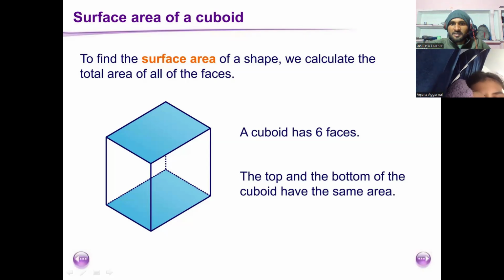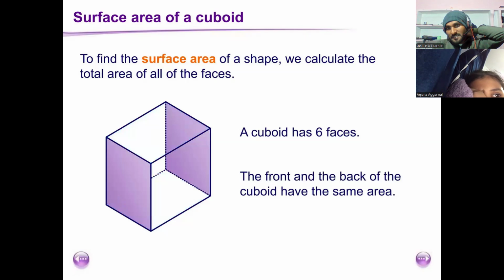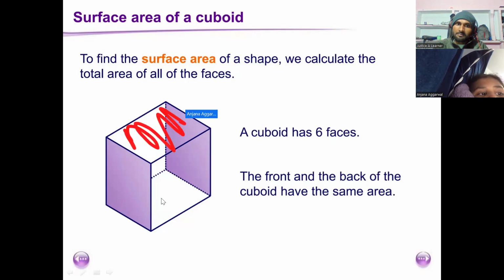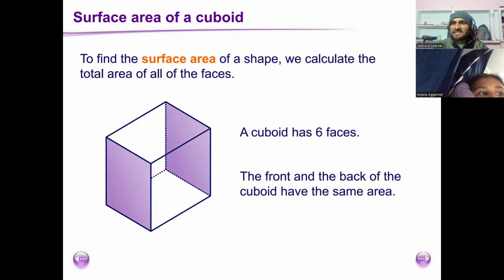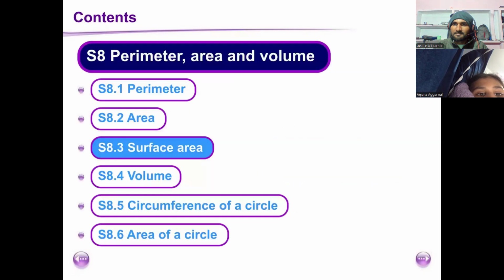So now we see a cuboid has six faces, and the front and the back of the cuboid have the same area, like this one and this one. This one would be equal because this is facing both sides. But shouldn't this be equal as well, and the bottom? That is not necessary in all cases.